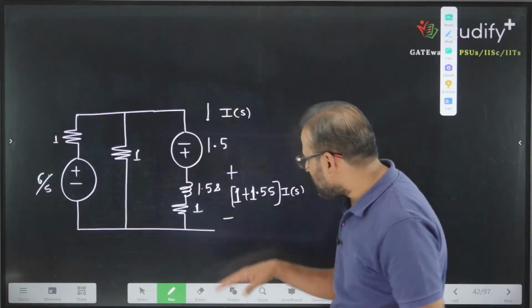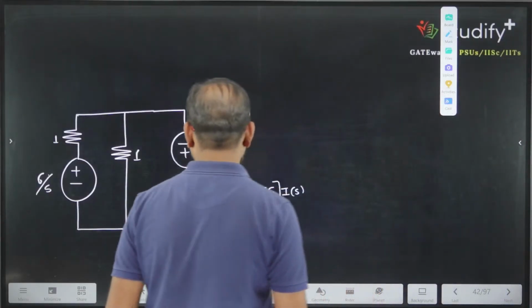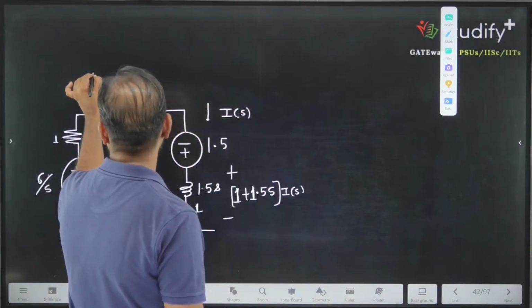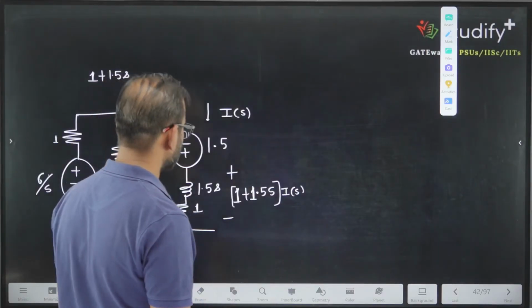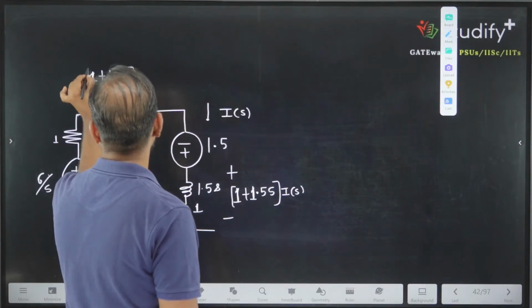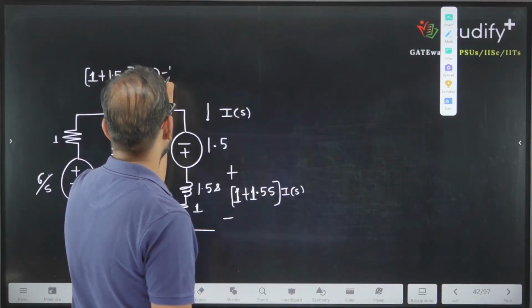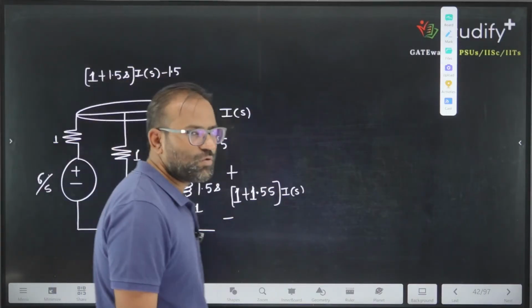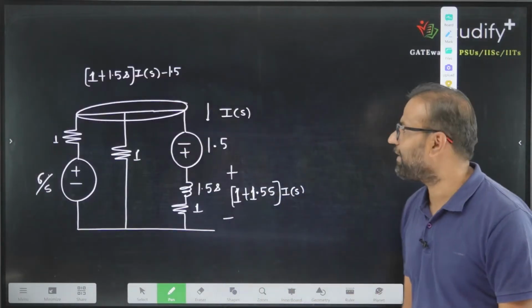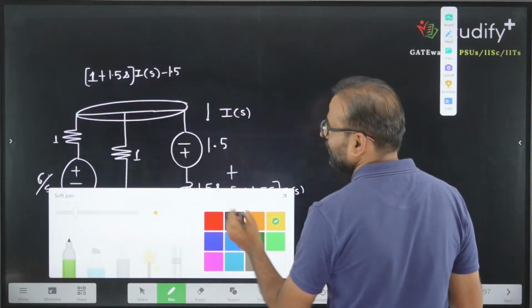So the potential of this point is 1 plus 1.5 s into I of s, minus 1.5. This node potential is given. If this node potential is given, we can directly find the value of I of s from here. So what is I of s? You can calculate like this.